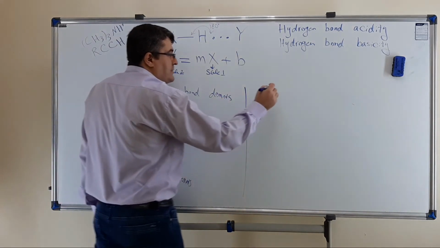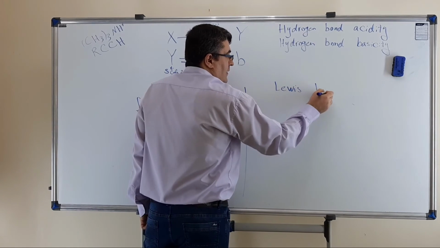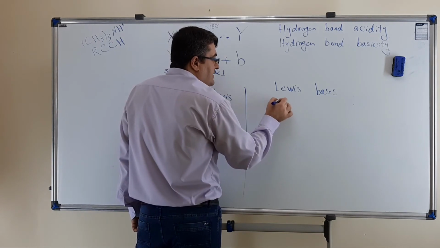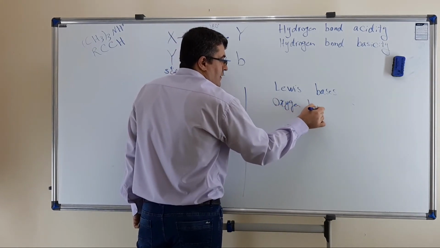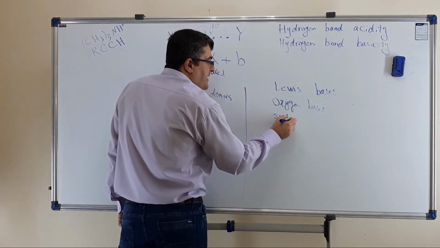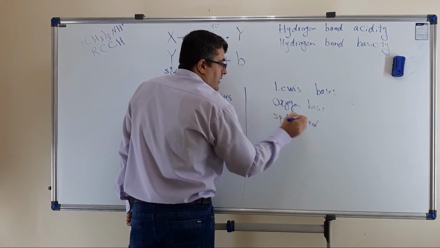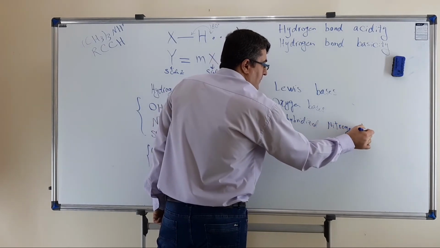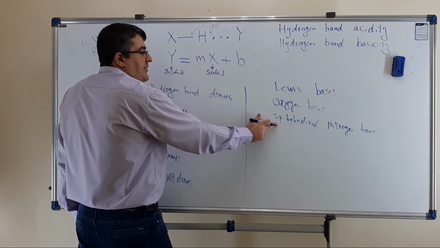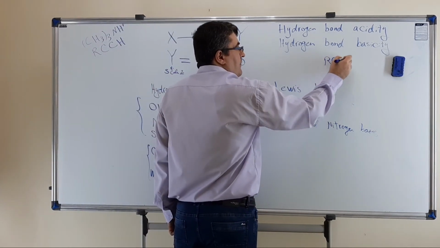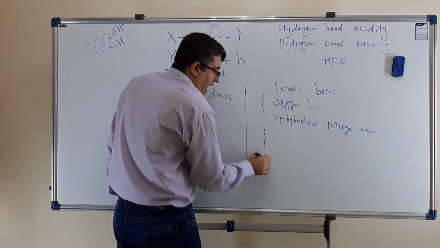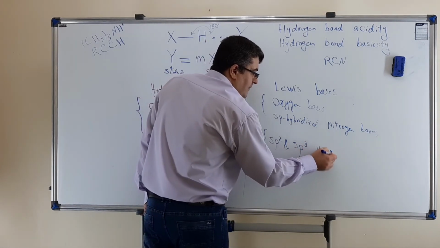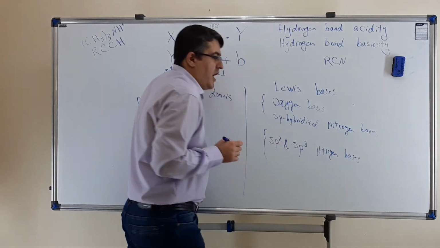On the side of Lewis bases, consider these families: oxygen bases, sp hybridized nitrogen bases like nitriles, RCN on one hand, and sp2 and sp3 nitrogen bases on the other hand, like amines and so on.